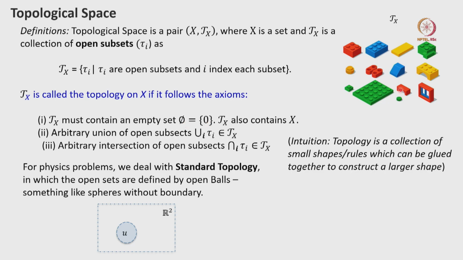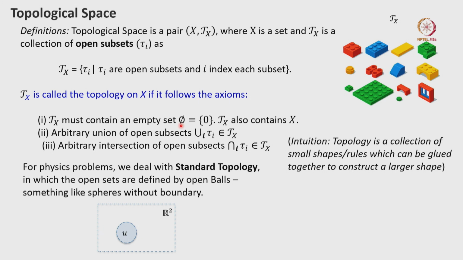So, if the intersection between them does not have any common elements or common open set, that is also fine, because we have the empty set defined. So, there are many types of topological space, and correspondingly different types of topology, but we will not be interested in all of them.